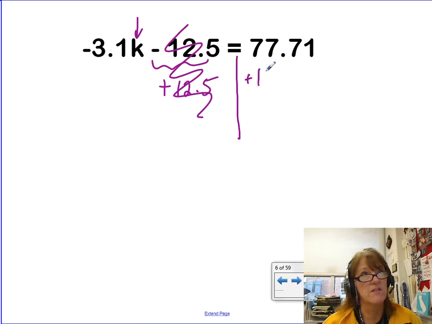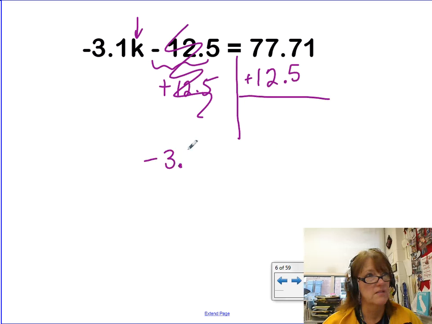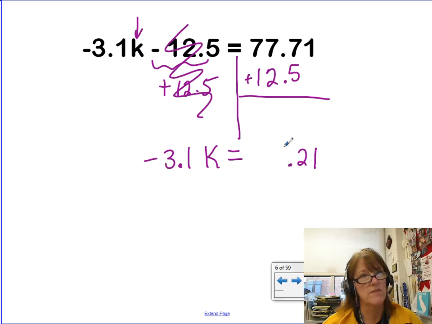But you have to be fair and do the same thing over here. Now, you've got a calculator, or you can do it by hand. Negative 3 1/10 k now equals 90 and 21/100ths.